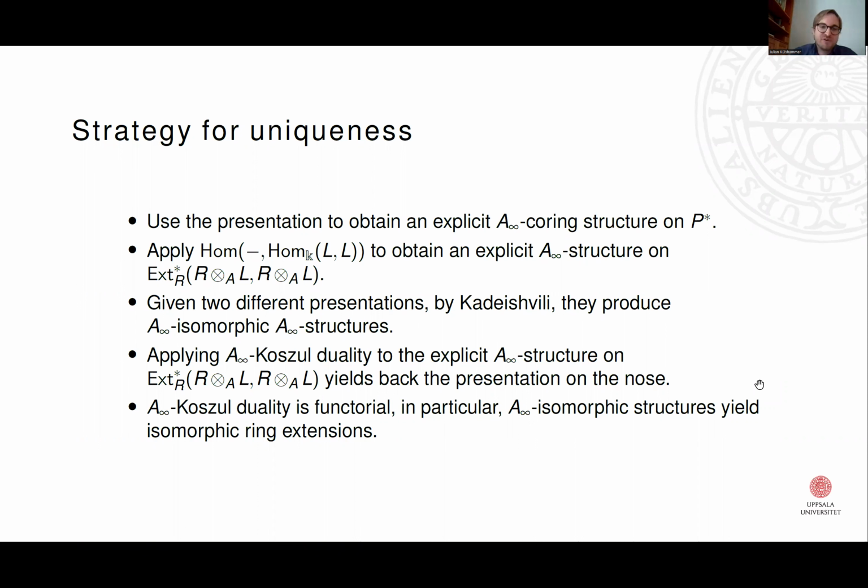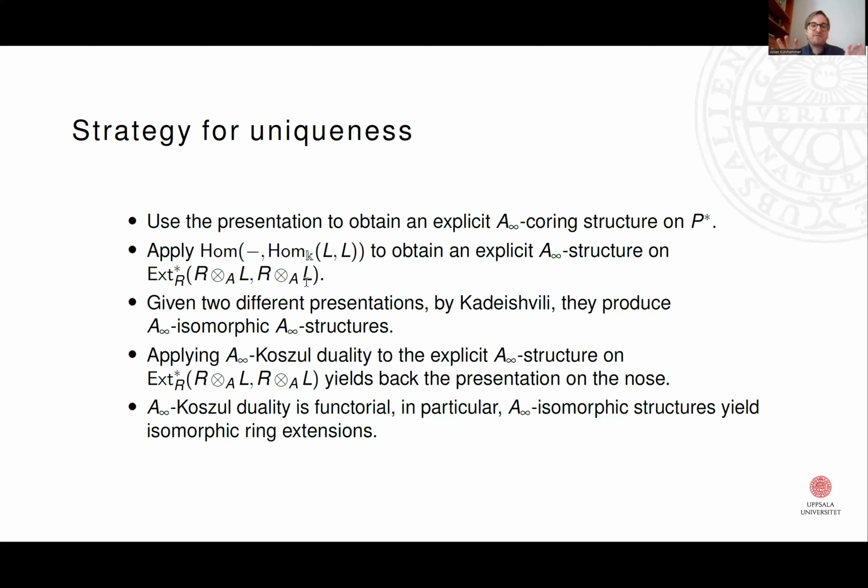So what is the strategy for uniqueness now? The strategy is the steps that we had. We compute explicitly the co-ring structure on the projective resolution of the co-ring V. Then we dualize to obtain the explicit description of the A-infinity structure on this X algebra in terms of D0 and D1.